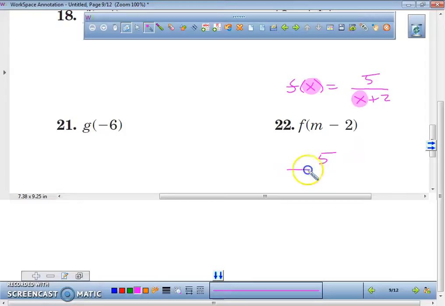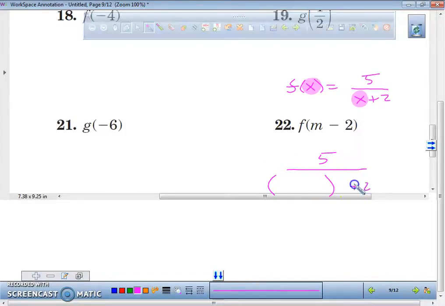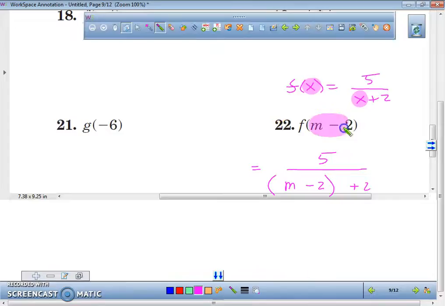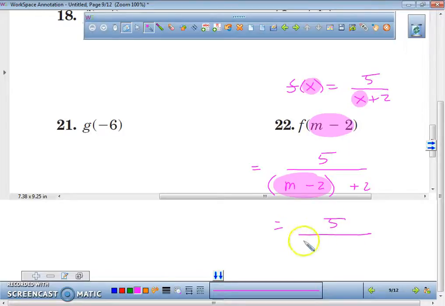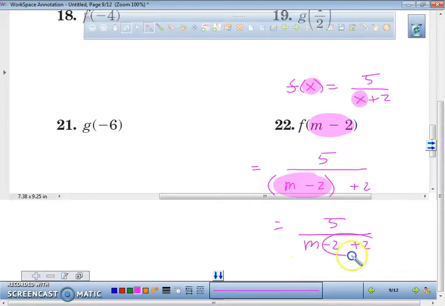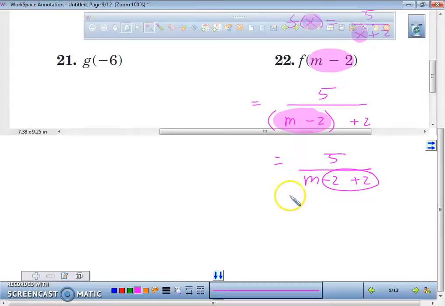That's right. I'm plugging in for x m minus 2. So I'm taking m minus 2 and plugging it in the place of x, and look what you get. You get 5 over m minus 2 plus 2. What's going to happen to the negative 2 and the plus 2? So you have 5 over m.